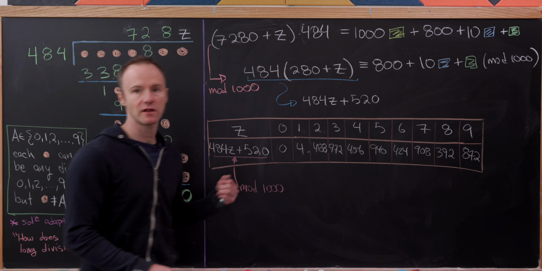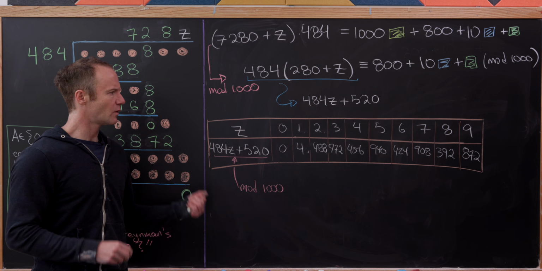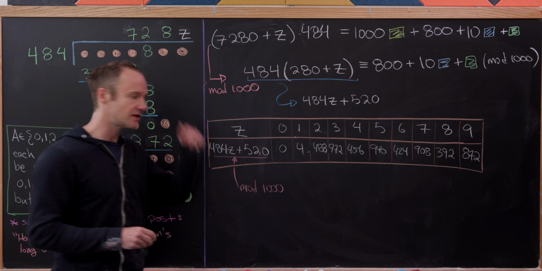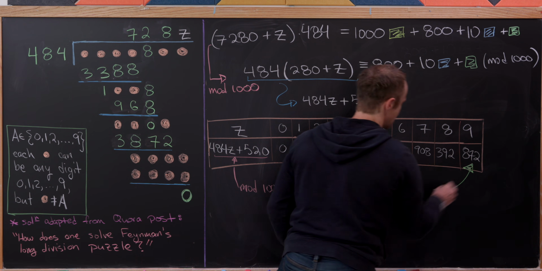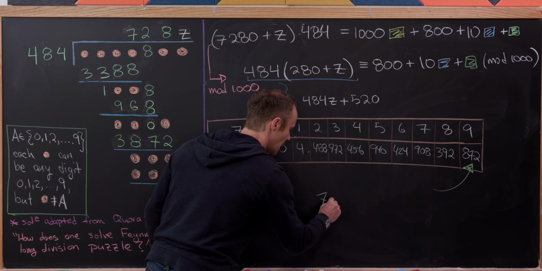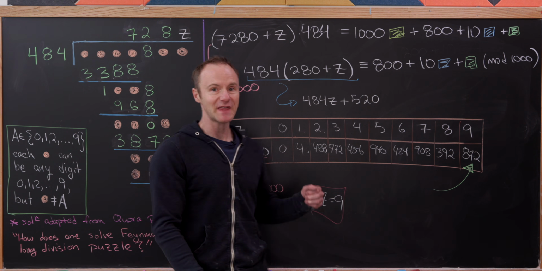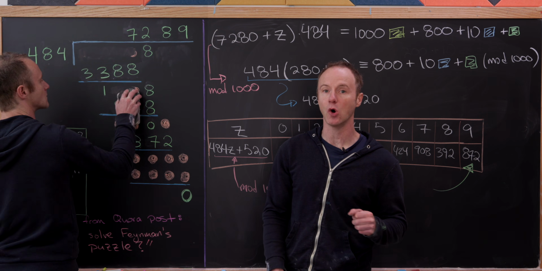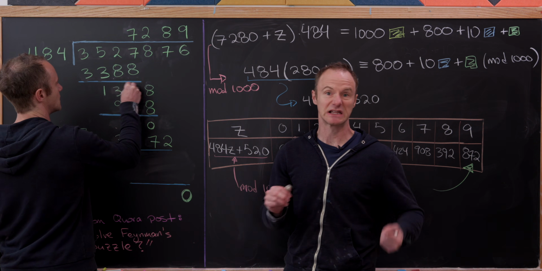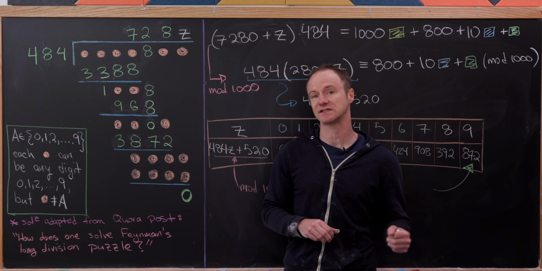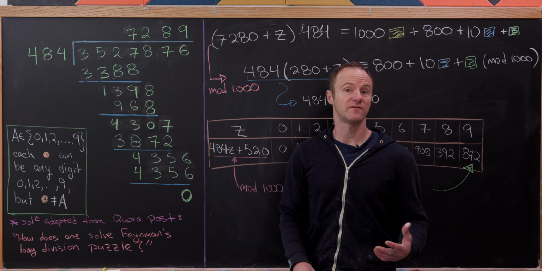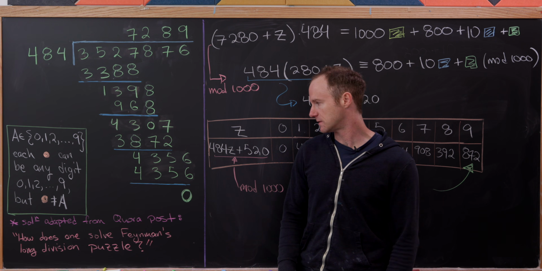And after doing all of that calculation, you'll see that there's only one of these products that you get an 8 in the hundreds digit, and that's this one right here, which corresponds to a z value of 9. But that z value of 9 gives us the only remaining digit from our puzzle, giving us a clear way to fill in the rest of the details. And there we have it. We've got our completed Feynman's long division problem.